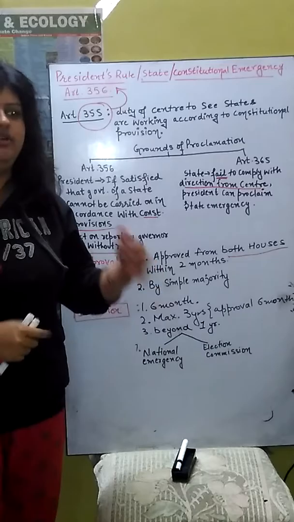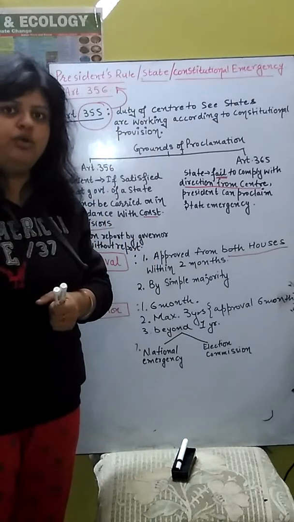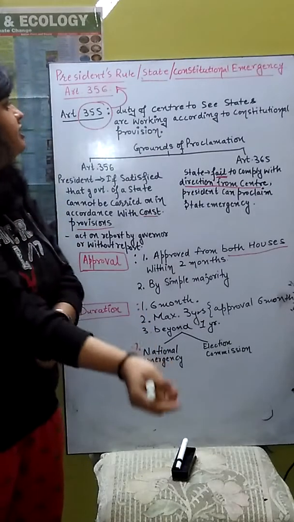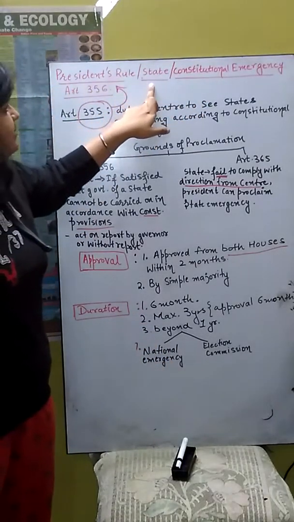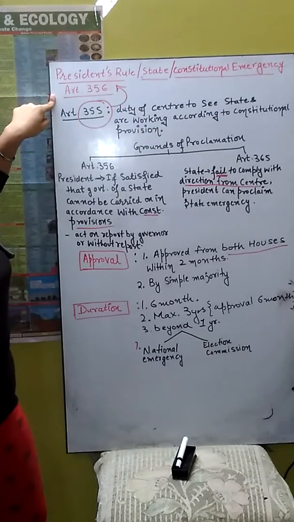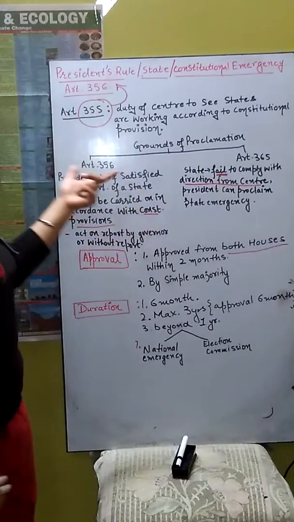Okay, so now let's quickly recap and let's make some take home messages on what we should remember for the MCQ. First, the 3 names: president rule, state emergency, constitutional emergency, come under article 356. Then on what ground?